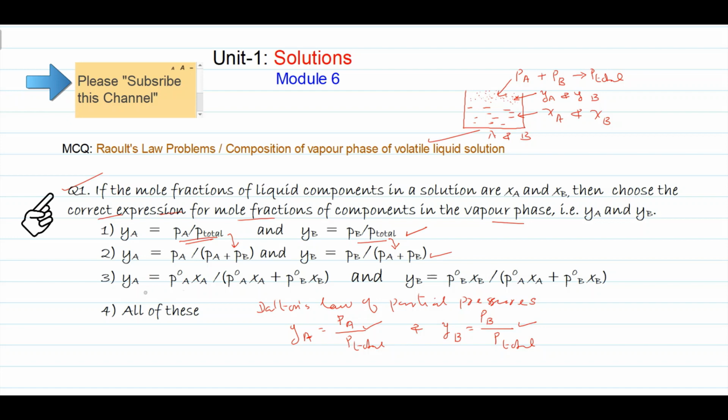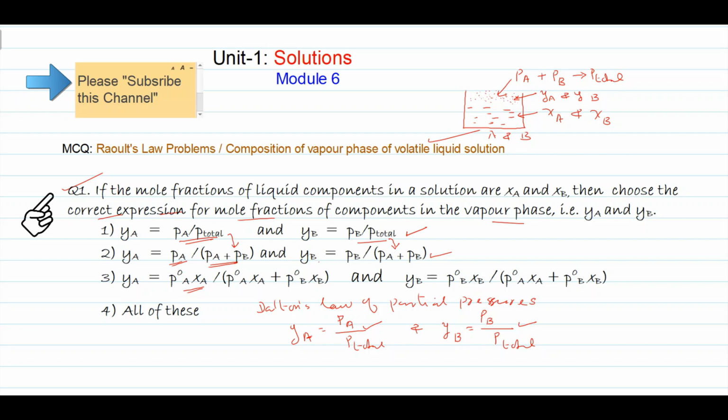Then checking expression given in option 3. When you go through the expression, we find that Pa is expanded or written by applying Raoult's law. Pa is equal to P0A chi A. Denominator Pa plus Pb is also written as P0A chi A plus P0B chi B by applying Raoult's law.